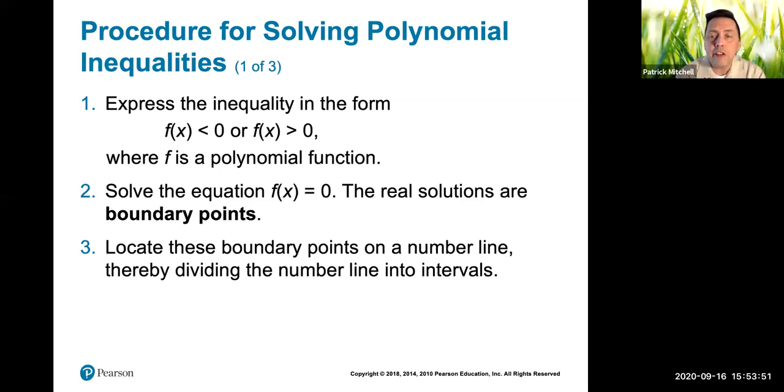The real solutions of that equation are the boundary points. Remember, we talked a few sections back about how the solution to a polynomial equation like this gives you the x-intercepts. Then we're going to plot these boundary points on a number line, which will divide the number line into intervals.